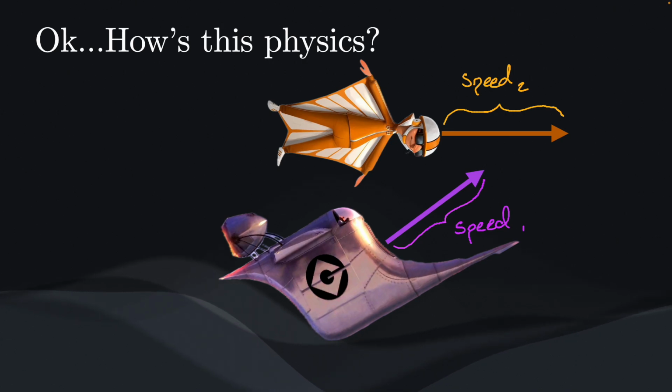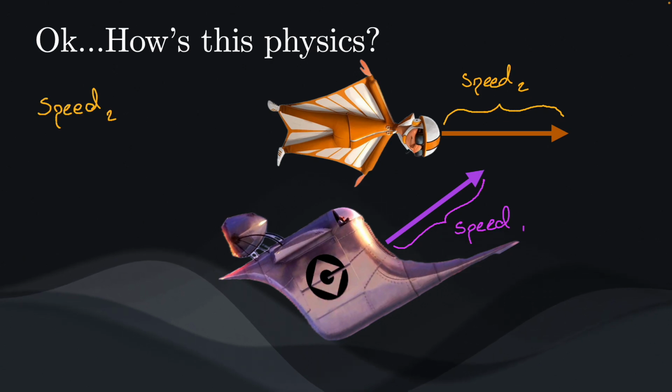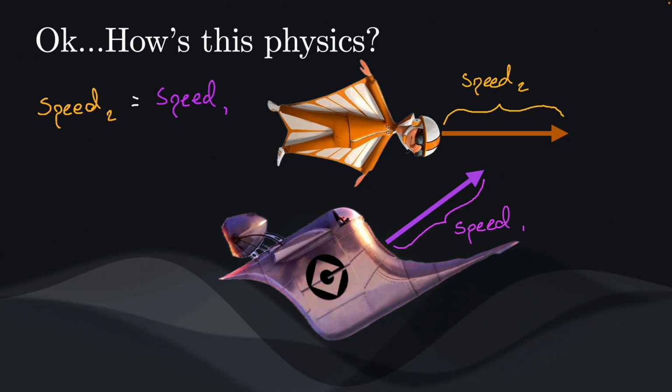Therefore, what we can say is whilst the magnitude of their movement vectors are the same, so we can say that the speed of 2 is equal to the speed of 1. Because they're moving in different directions, their vectors are not equal to one another.